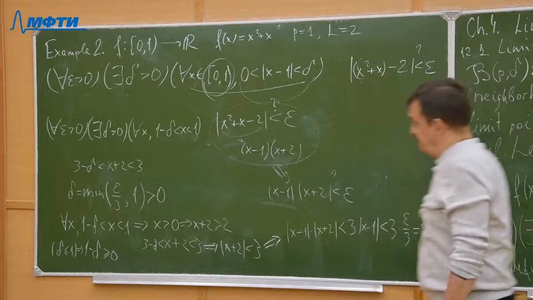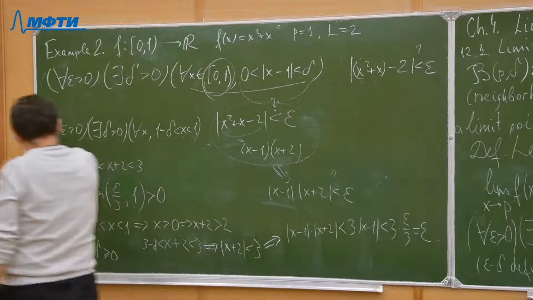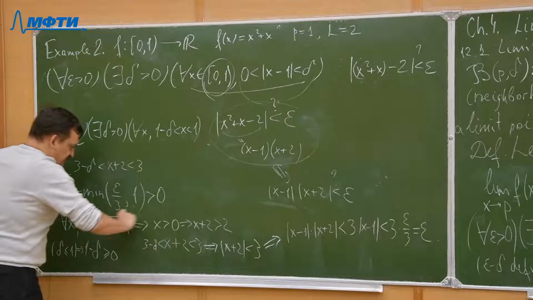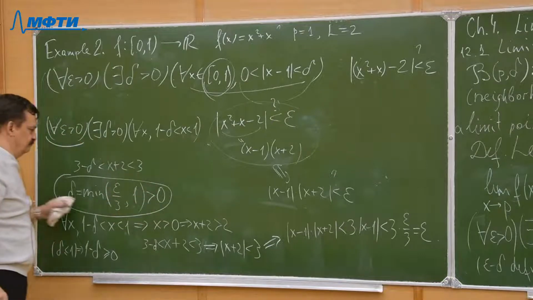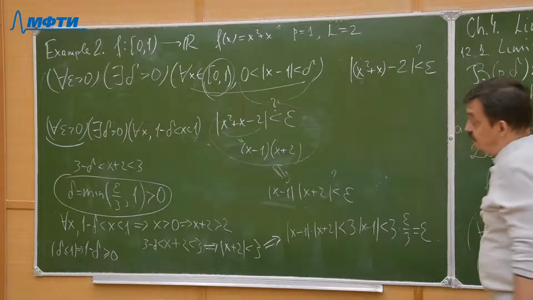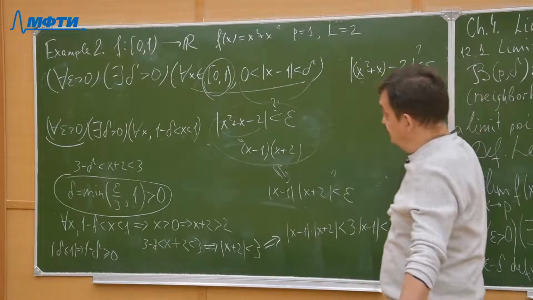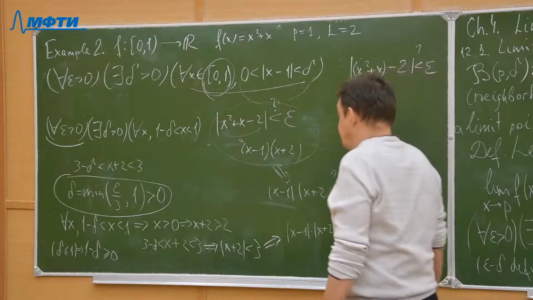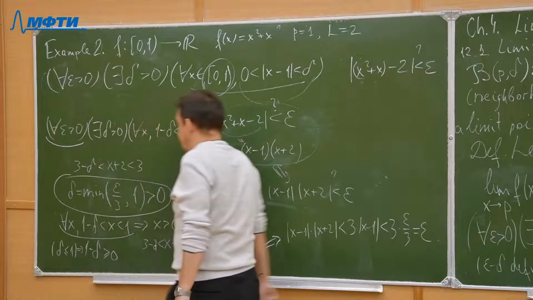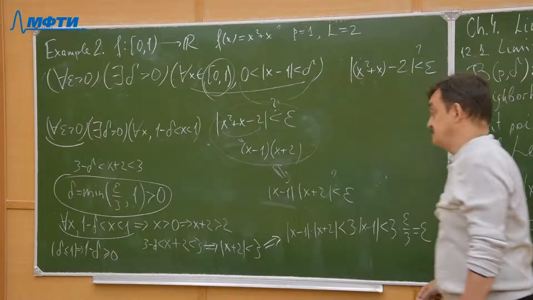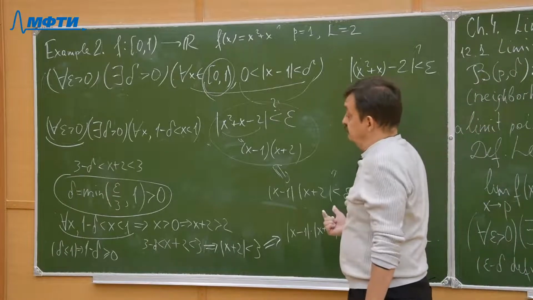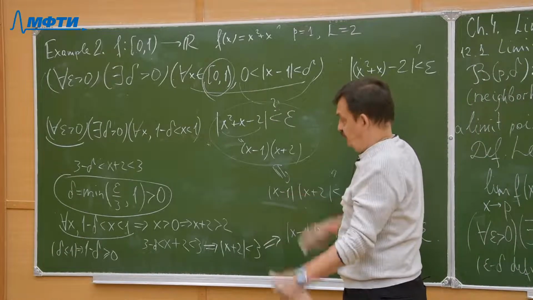So once again, for arbitrary epsilon greater than 0, we found a positive delta from that definition, such that for all x satisfying the inequality 1 minus delta less than x less than 1, we can deduce two facts.